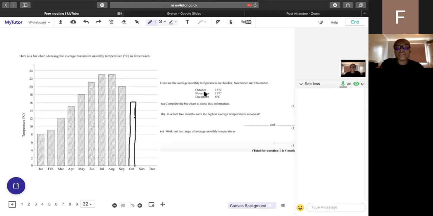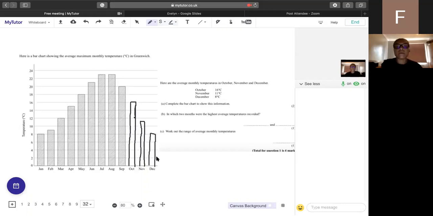Same thing we're going to do with November. So it's going to go up to 11 degrees. So it's going to go up to around here and then back down. And then December will go up to 8 and back down again as well.